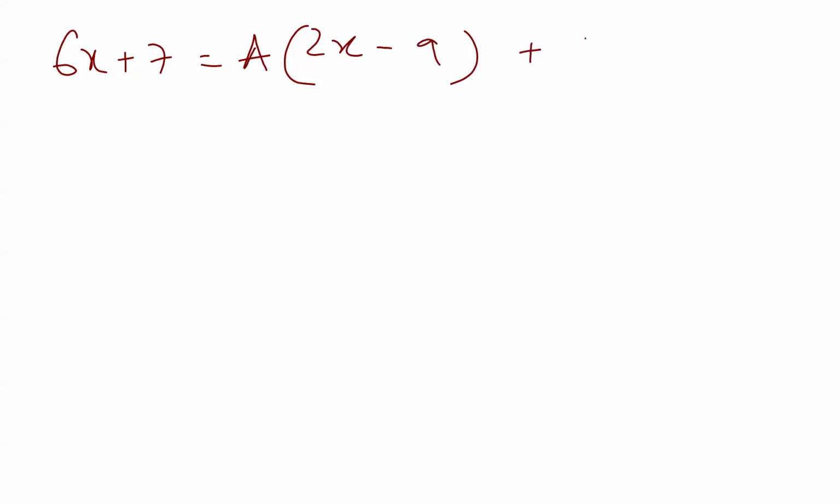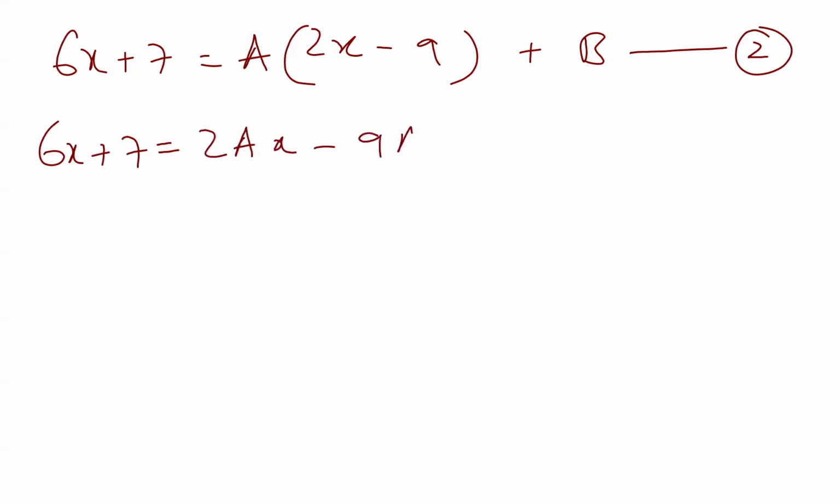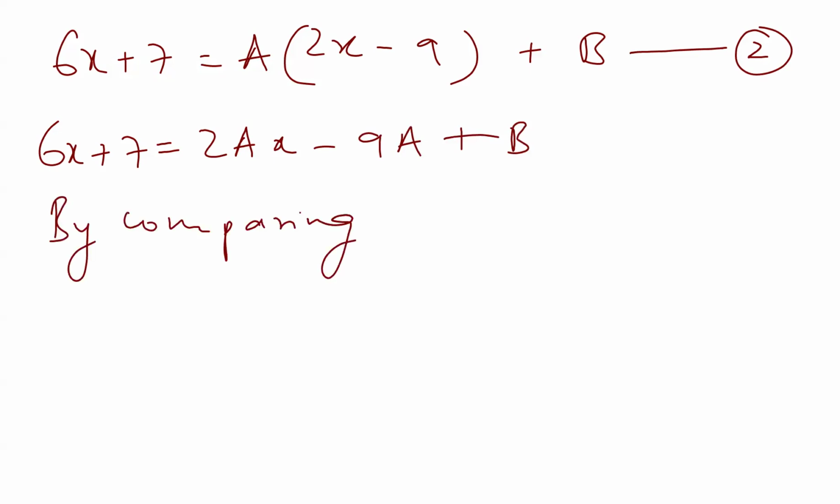plus b. So immediately after the derivative, whatever step we get, that is step number 2. We differentiated, we got 2x minus 9. So this becomes step number 2. Now just open the brackets on the right hand side. So 2ax minus 9a plus b. By comparing, if you recollect the previous session, it was the same thing. Compare the coefficient of x terms.